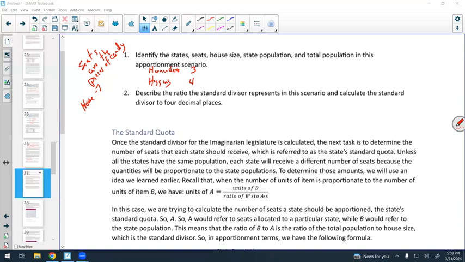Now describe the ratio the standard divisor represents in this scenario and calculate it.